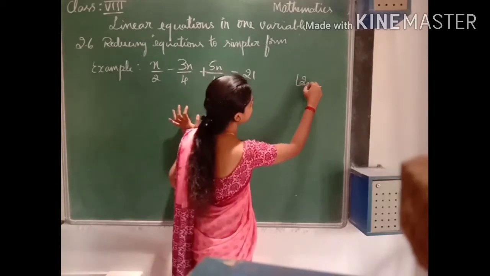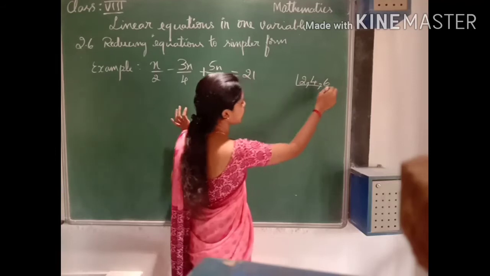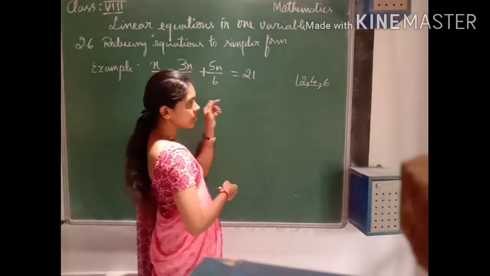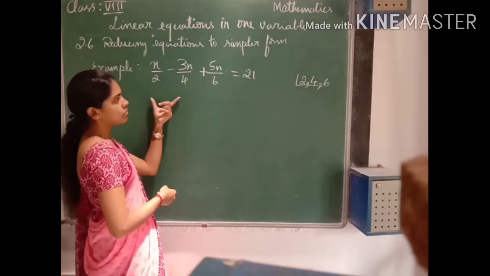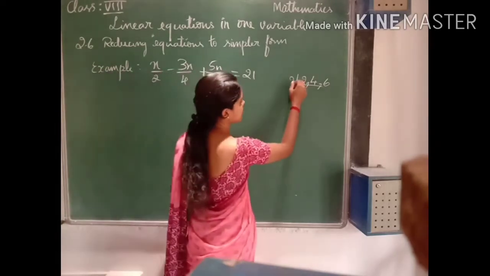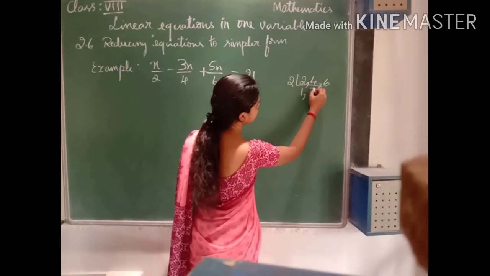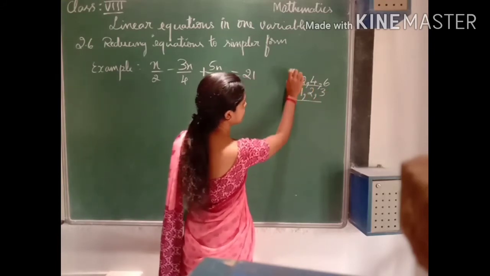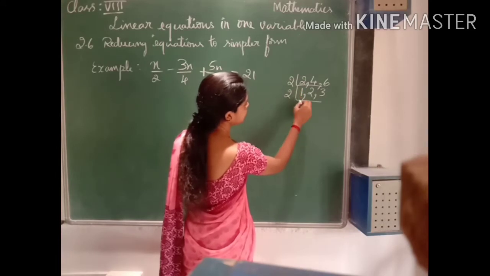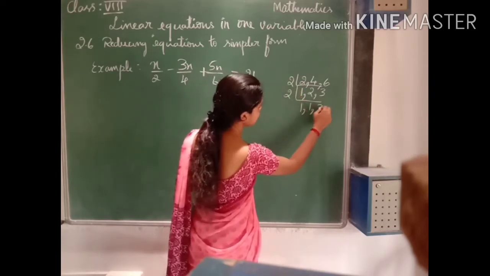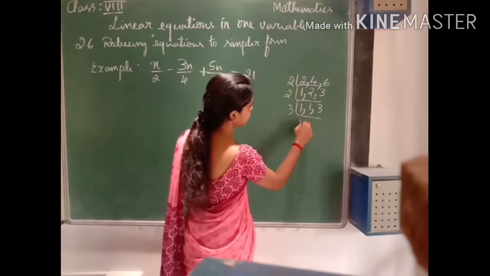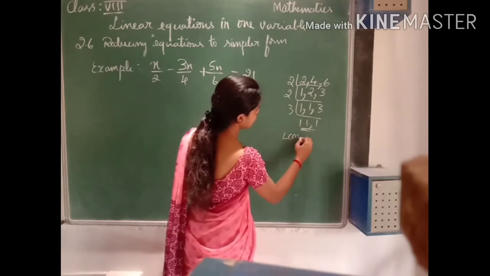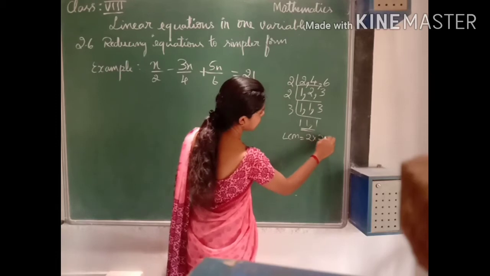The denominators 2, 4, 6 are different, so I am going to take the LCM in order to solve this type of problem. So LCM is equal to 2 into 2 into 3.